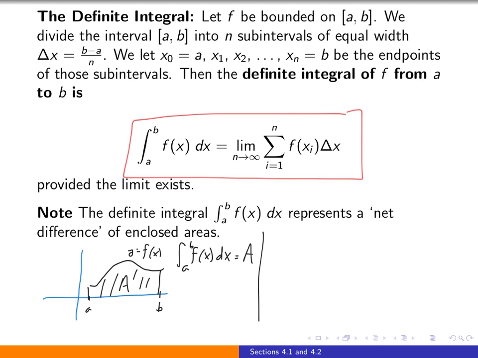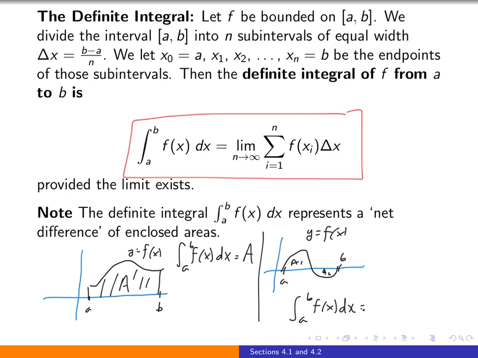But not all functions are entirely positive. So it's very reasonable that we would have maybe something that looks like this for our function. So going from a to b. And here you have this area enclosed above the x-axis. Call it A1. And an area enclosed underneath, call it A2. So in this example, the definite integral from a to b of the function, we have this very nice geometric interpretation.